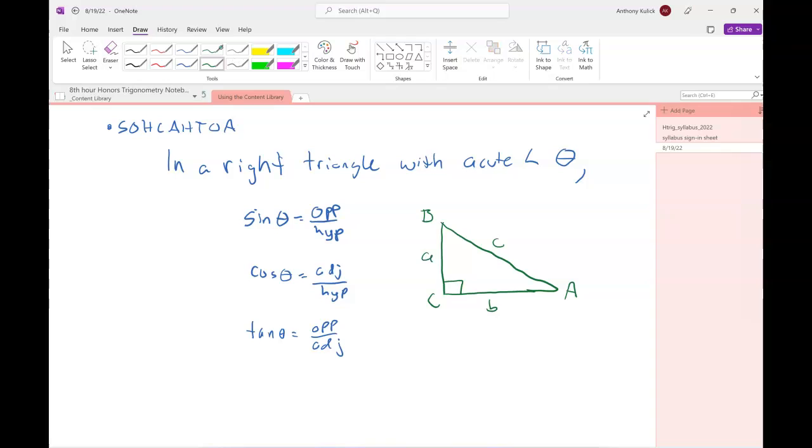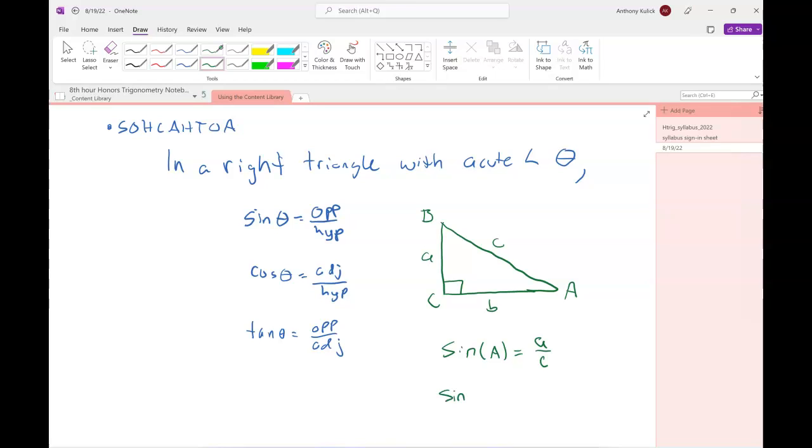Everybody's okay there? So if I wanted to do, say, sine of angle A, what would I write? Which side is opposite and which side is hypotenuse? Little a over little c.